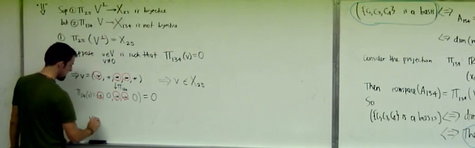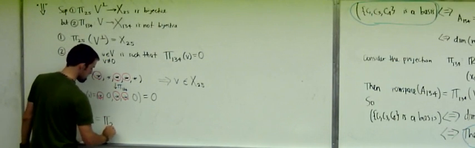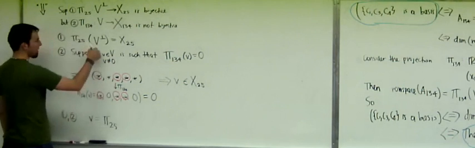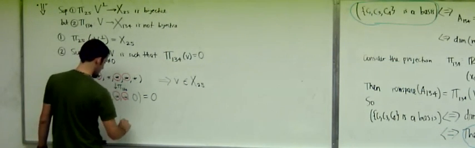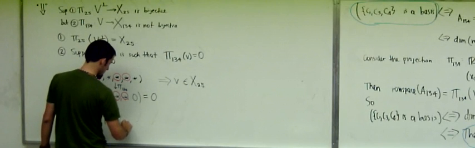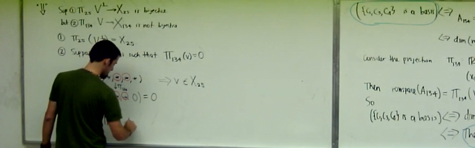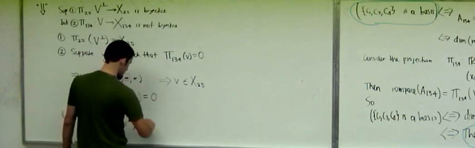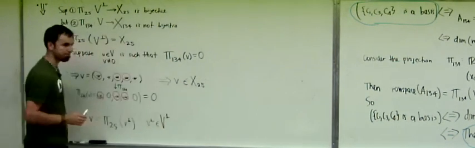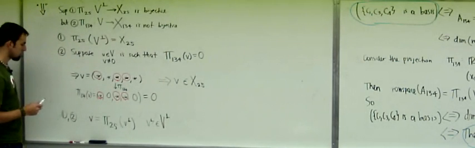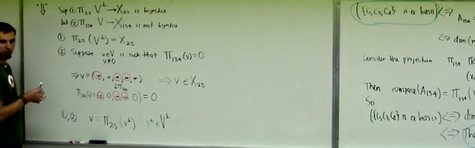I can write V as a projection of some vector in here. Let's call it little v perp. Little v perp is in big V perp. Okay? Is that clear?